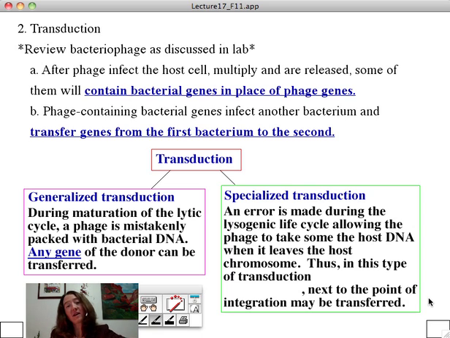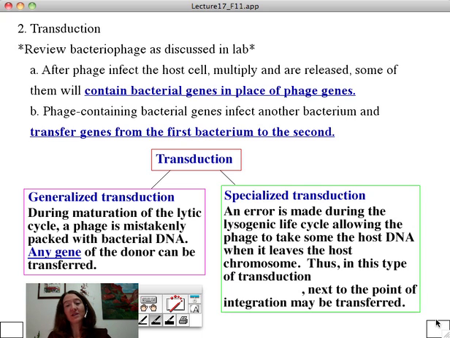So when the virus excises, sometimes it accidentally cleaves at the wrong places. And so instead of excising just phage DNA, it excises a little bit of phage DNA, but it also excises a bunch of bacterial DNA that flanks the site of integration, and it takes some of the bacterial DNA with it. So specialized transduction is unique to temperate bacteriophage and to the lysogenic pathway.